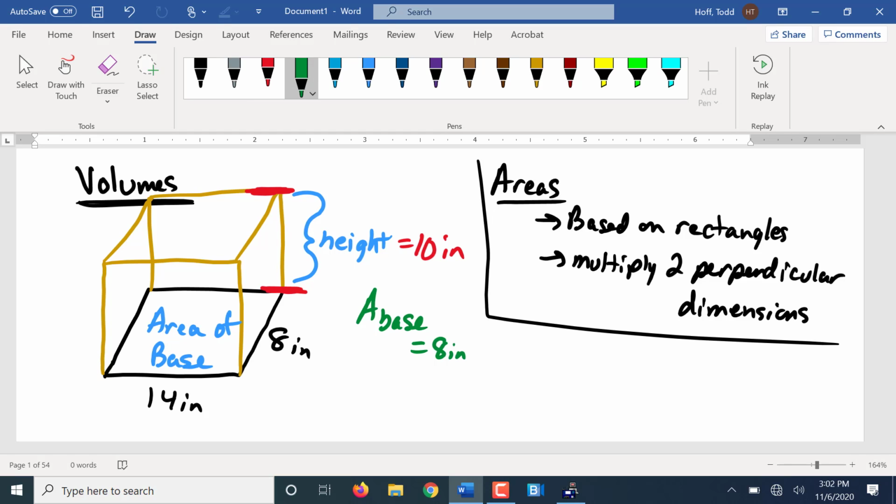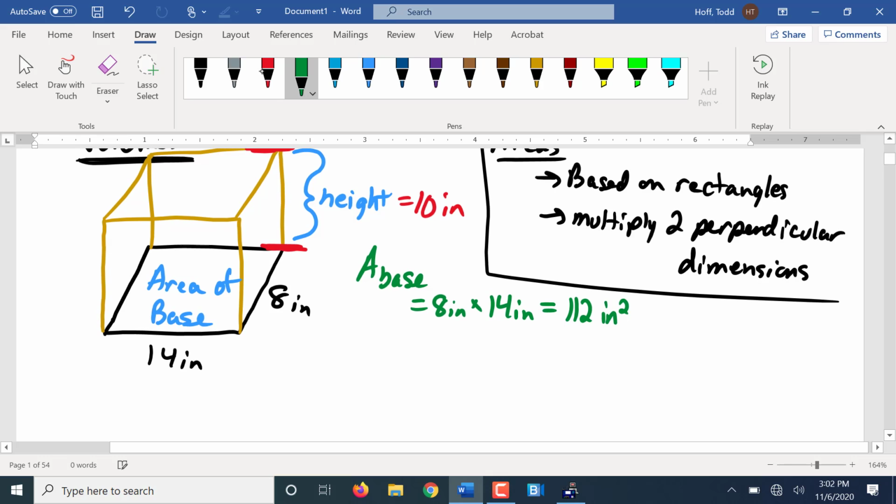The area of our base then is that 8 inches times 14 inches, which is how much? 112 square inches.